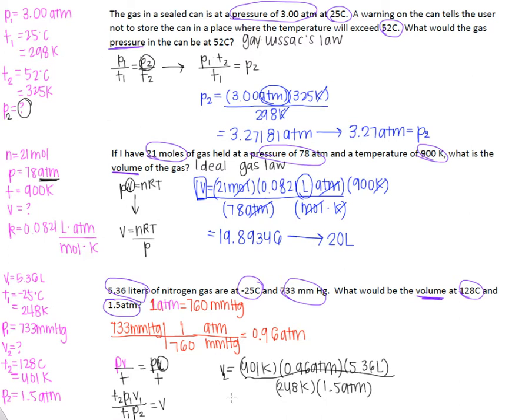And when we put everything in our calculator, and we know we're putting our numerator in parentheses, denominator in parentheses as well, 5.5 liters is going to be our answer, because everything cancels out except for liters. And there you go. Good job.